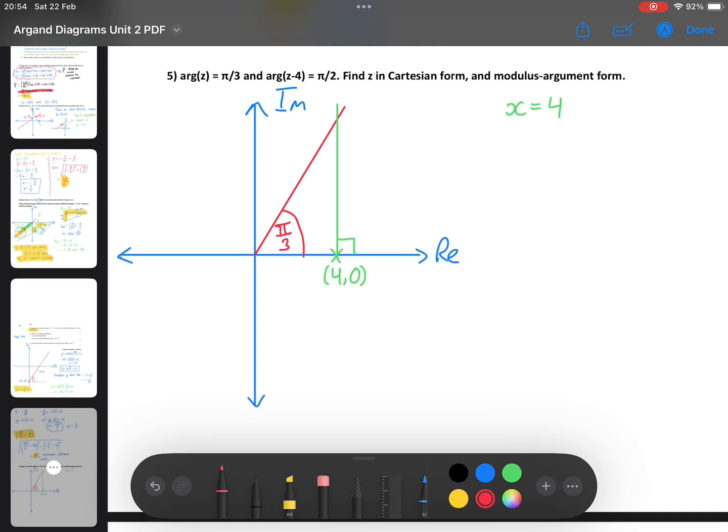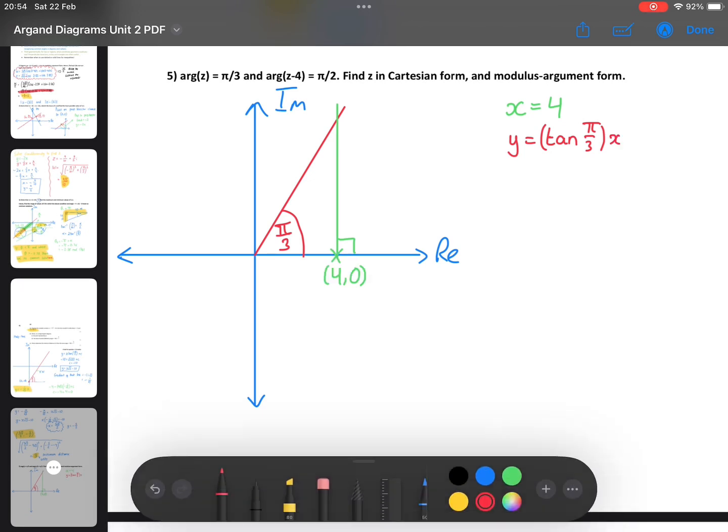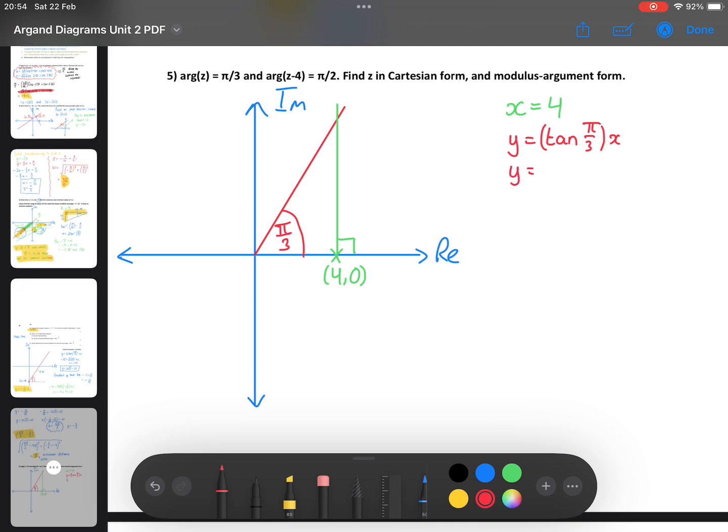The equation of the red line is slightly more complicated, but we went over in the previous video about how if the argument is pi over 3, then the gradient of the half line is tan of pi over 3. So in this case, we can write this as y equals tan(pi over 3) x. And tan pi over 3 is root 3. So this is just y equals x root 3.